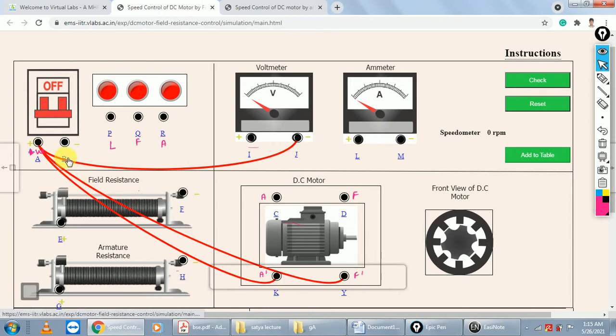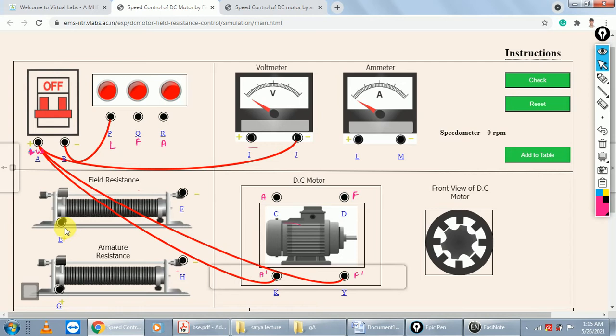After that, this is the B terminal. This is the negative terminal of MCB. B means the negative supply, the negative terminal of MCB, connects to L. This is your L. Next step is, this is the rheostat E terminal.